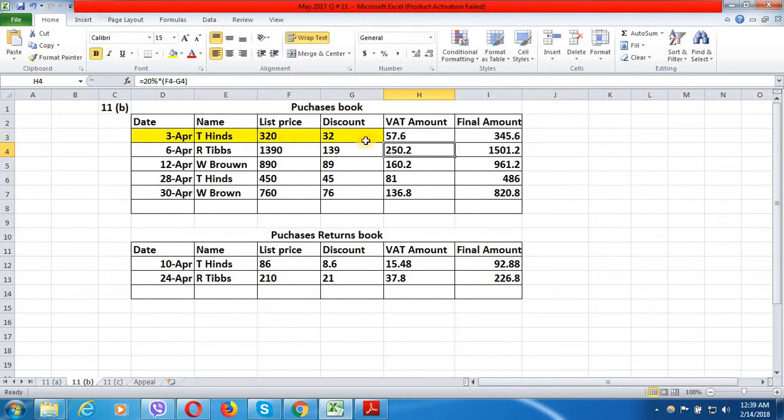So the VAT amount will be 57.6, and the final amount will be F3, 320, minus G3, 32, plus H3, the VAT amount, which is 57.6. So the final amount will be 345.6.